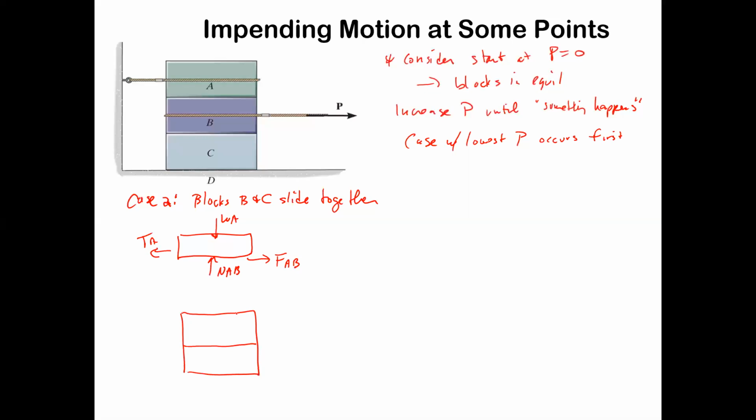So the block BC is going to have a NAB going down on it, FAB trying to keep it from moving to the right, and it's going to have P applied at B. It's also going to have an FCD and an NCD.